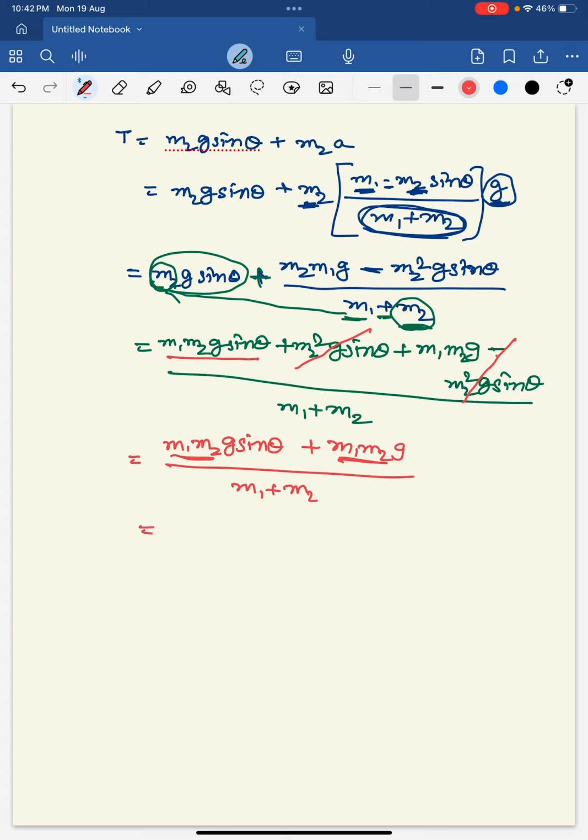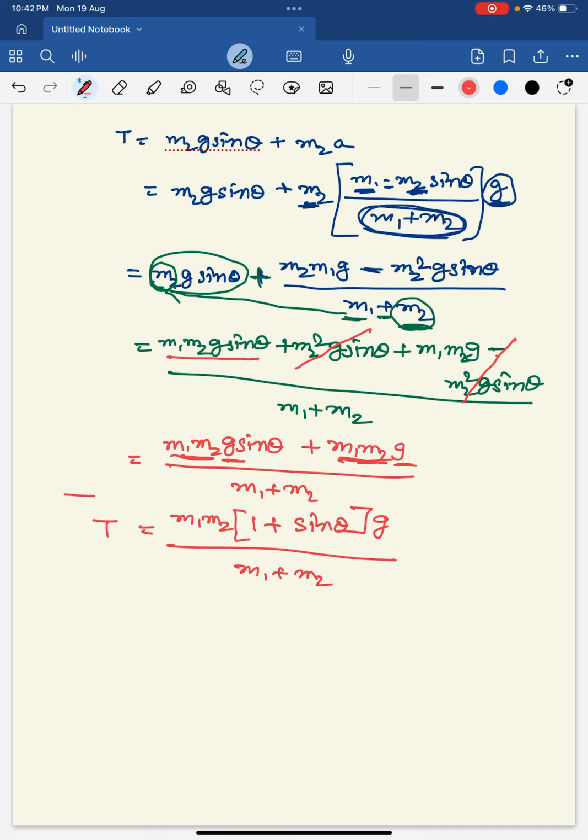So take the common term outside: m1 m2 into (1 plus sin theta), and g also we take outside, divided by m1 plus m2.